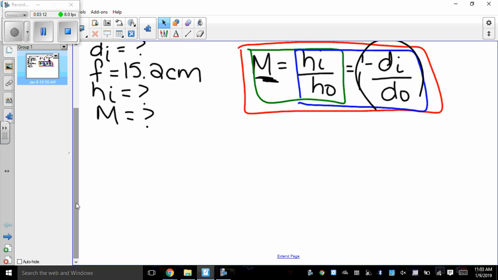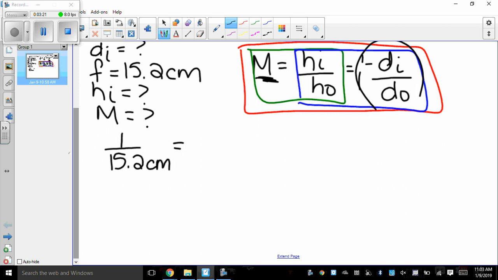So with my top portion, I'm just plugging it in. So I have 1 over f, which is at 15.2. Big thing is to make sure that all my units are the same. They're all centimeters, so I'm going to keep going. Then I have 1 over di, and plus 1 over, what was my 47?